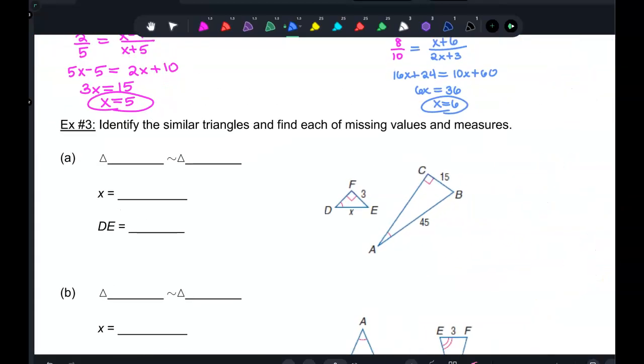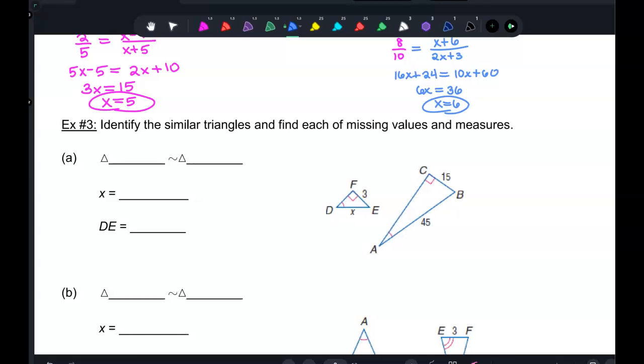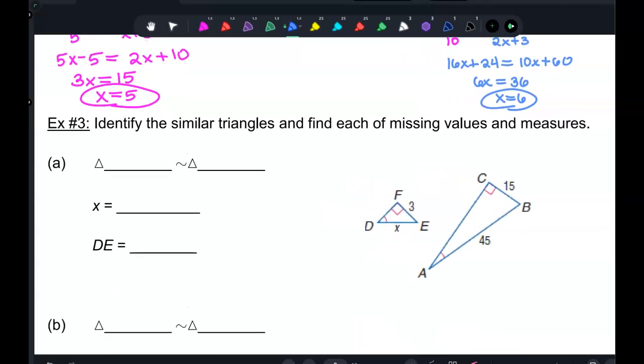Okay, the last type of example we have here, we're going to identify the similar triangles and find each missing value and measure. We can see these two triangles are similar by angle-angle similarity. First, we'll write a similarity statement. So triangle DEF is similar to ABC.